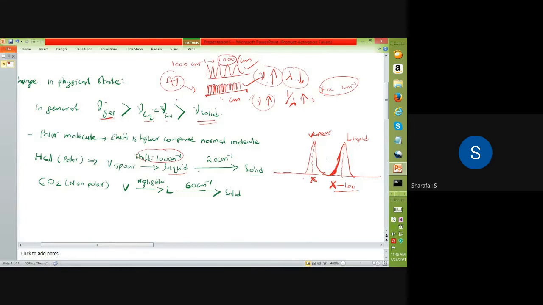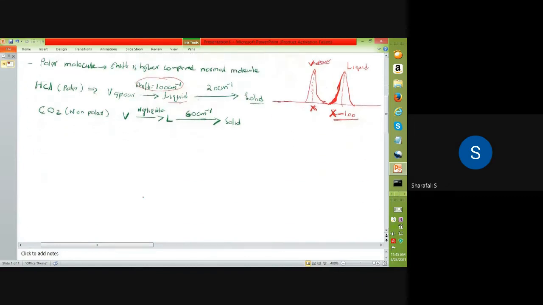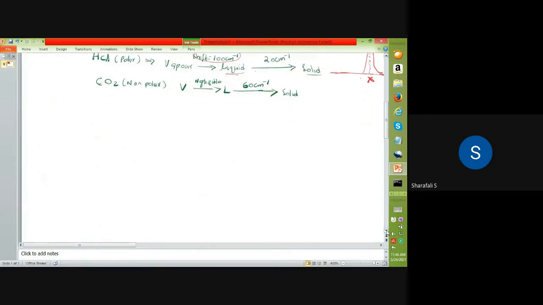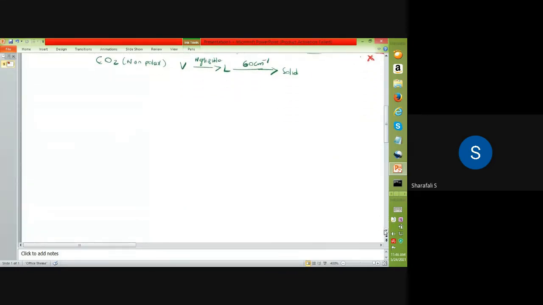And the third possibility, this is not actually a change in frequency for a particular band, but we can say a frequency shift.